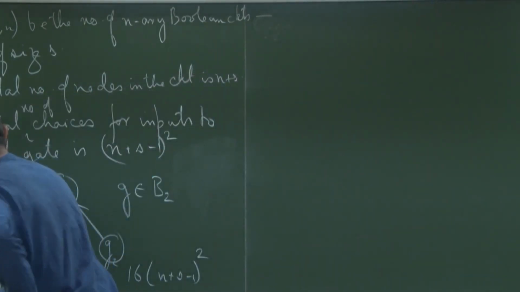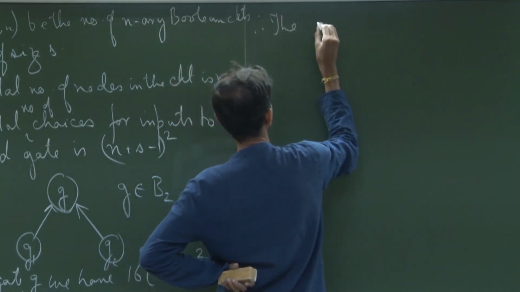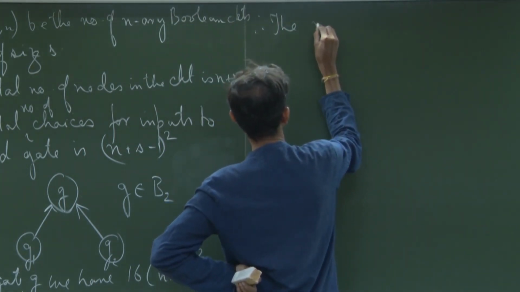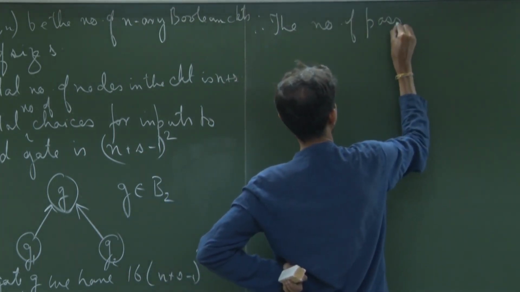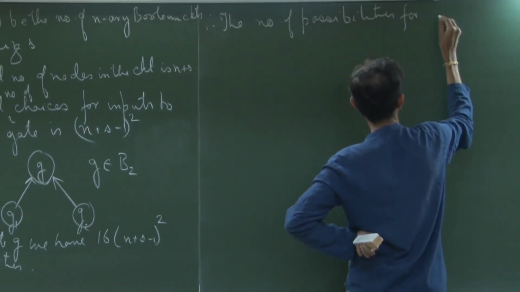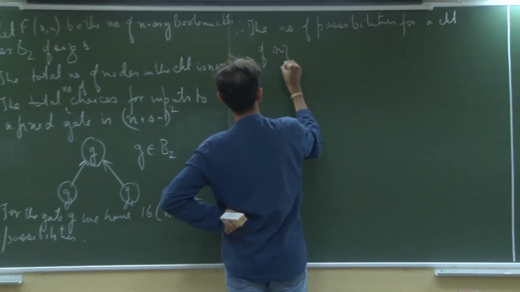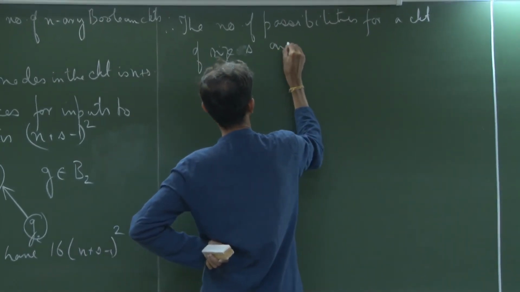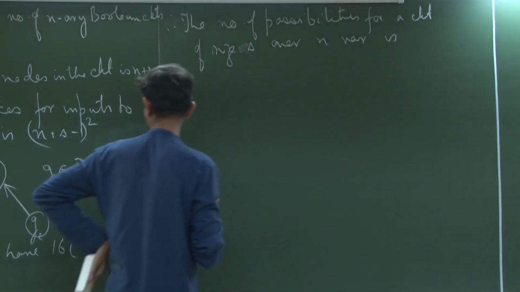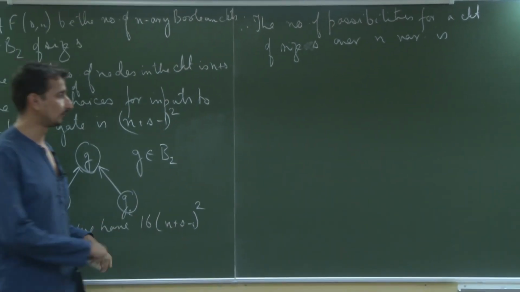Before I write that total, therefore, the number of possibilities for a circuit of size s over n variables is, so each of the s gates can be one of these possibilities.